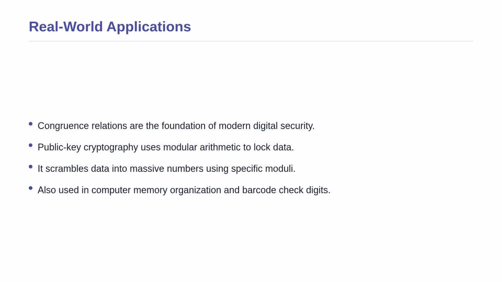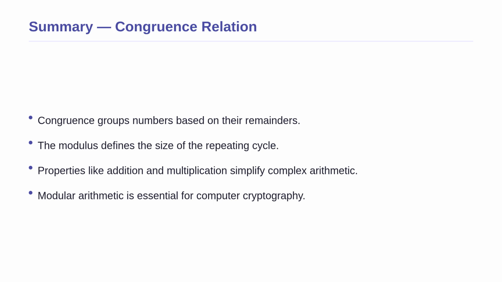These encryption systems rely entirely on modular arithmetic to scramble data into massive numbers and unscramble them using specific moduli. Without the properties of congruence, it would be impossible to perform these calculations quickly, and all digital communication would be completely vulnerable to hackers.